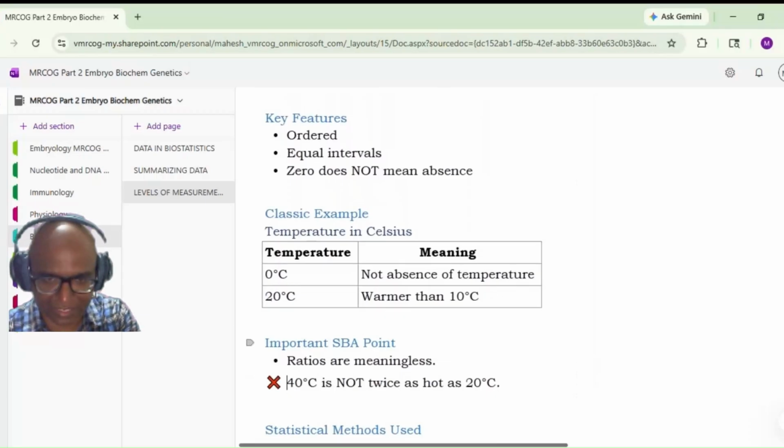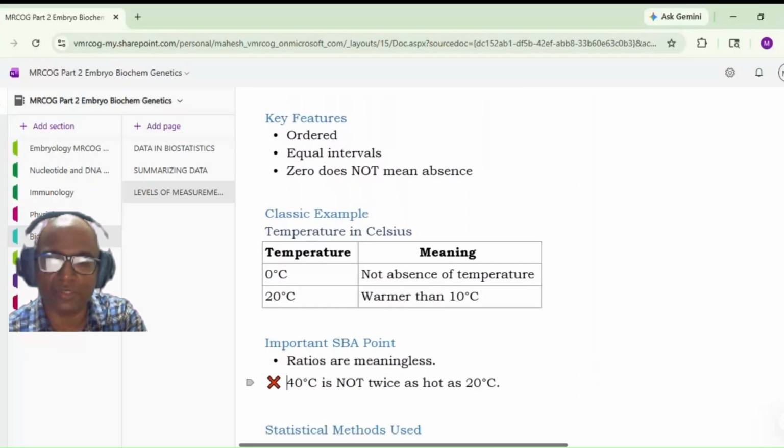But there is a difference, and the difference is equal. When you put together 0, 10, 20, the difference is there, but you cannot apply the ratio. You cannot say that 40 is twice as hot as 20.